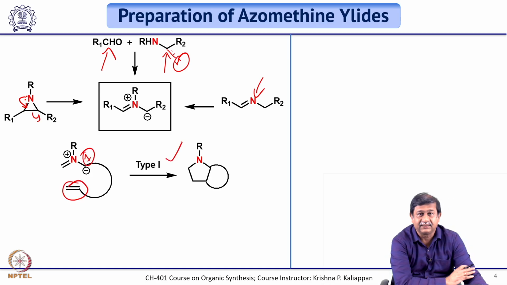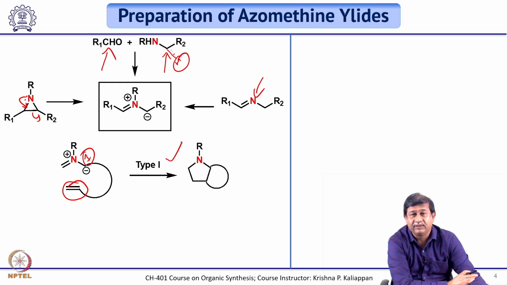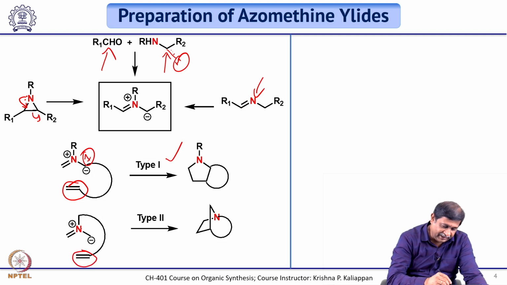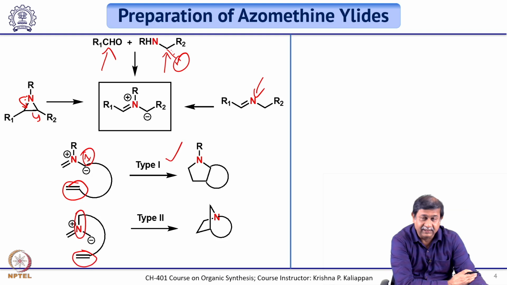So that's why this is type 1 intramolecular 1,3-dipolar cycloaddition, and it can also be type 2, where the dipolarophile is attached to atom 2, which is nitrogen.